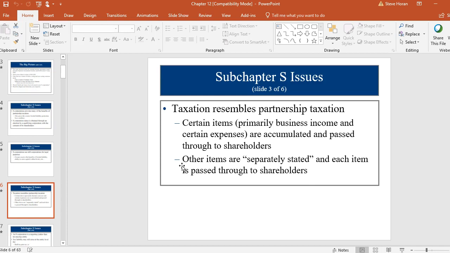We accumulate what that is, and pass it on to your shareholders based on your percent of ownership. Then we have those separately stated items. If you recall from an LLC, we have to separately state those to the owners because each owner's tax situation may be a little bit different in terms of their individual tax rate and so on. So those separately stated items are given that way so the owners are able to report the income correctly on their returns.